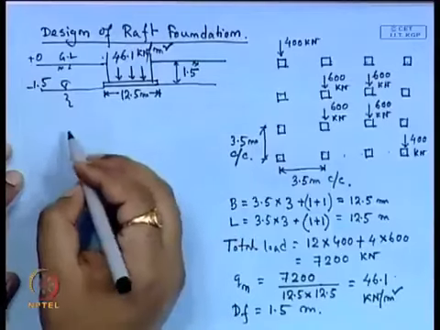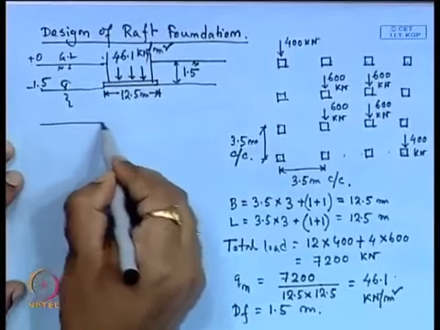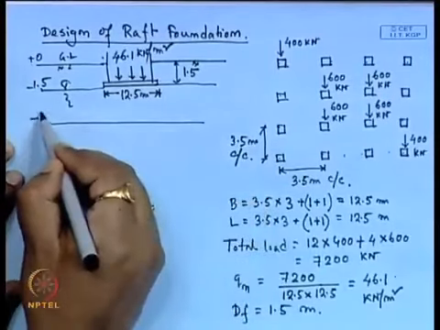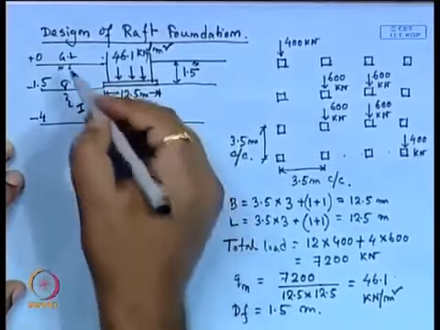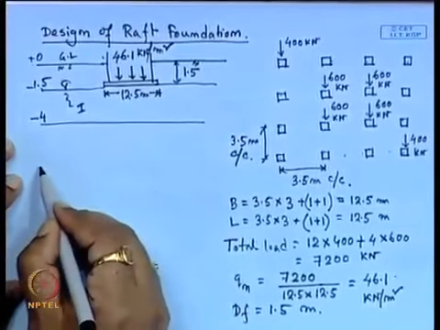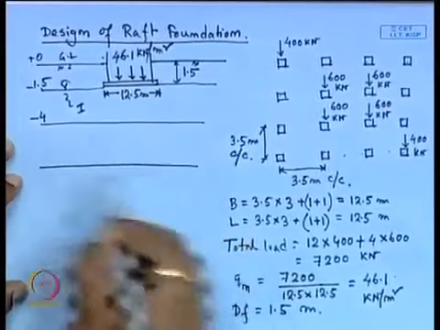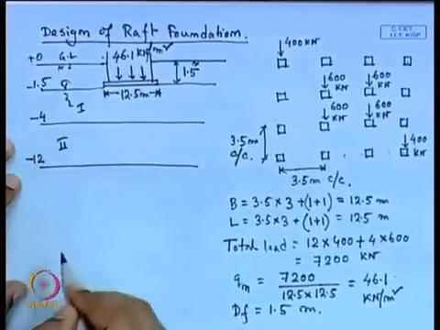Next we have a few layers. One layer is up to 4 meter, 0 to 4, this is our layer 1. Then another layer up to 12 meter, this is layer 2.